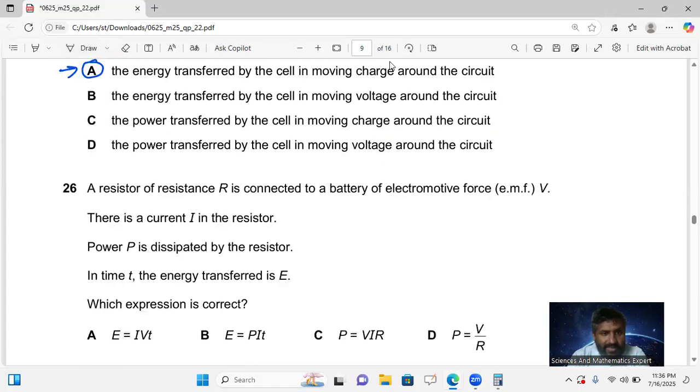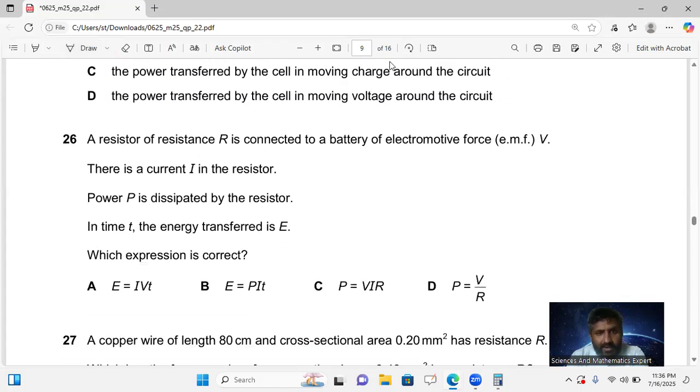After that, number 26, a resistor R is connected to a battery with electromotive force V. There is a current I. Power is dissipated in the circuit. In time T is the energy dissipated. Which expression will be used as a correct formula for it? Then we can say, if I want to show it, power is equal to work over time.